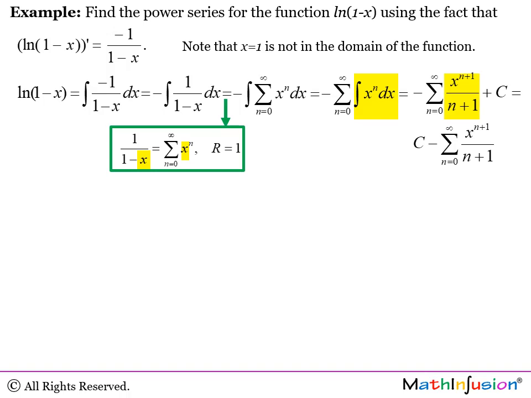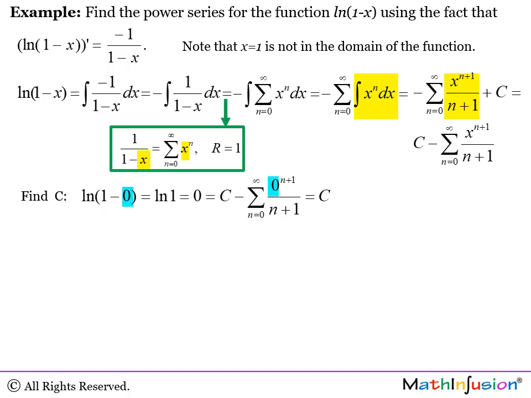A function cannot contain plus c, so we have to find the constant. We are going to substitute 0 for x. We are substituting 0 into ln of 1 minus x, and we get ln of 1, which is 0. On the other hand, when we substitute 0, we get c minus a sum of zeros, which is 0.